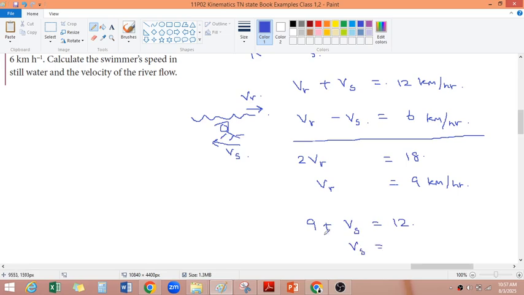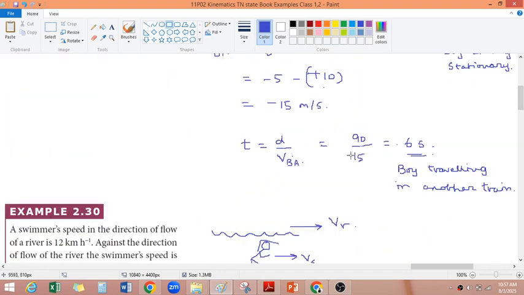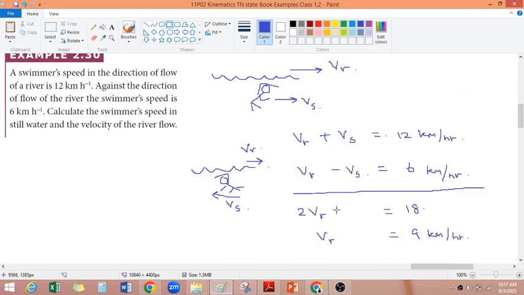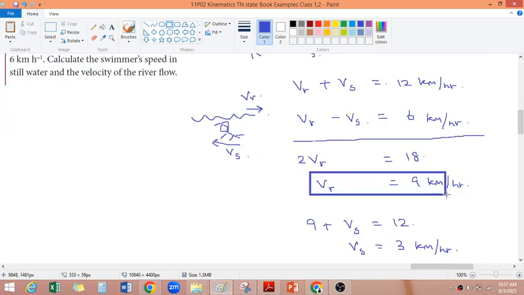So Vs is equal to 12 minus 9, so it will be 3 km per hour. Very easy, if you understand that it is Vr and Vs in the same direction, opposite direction.